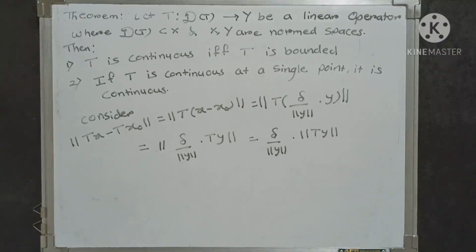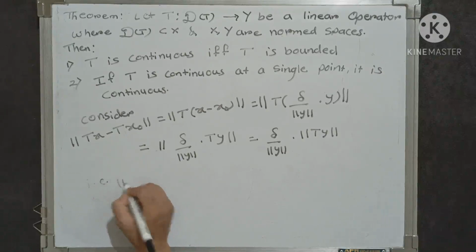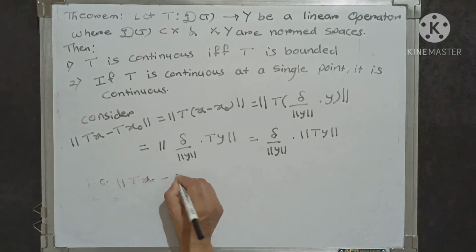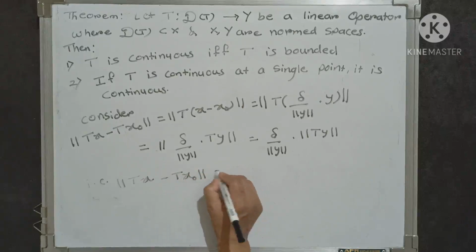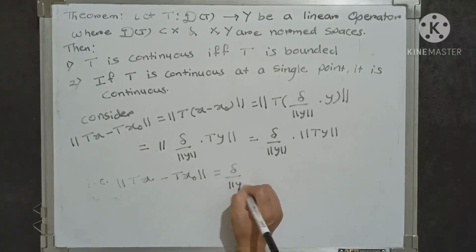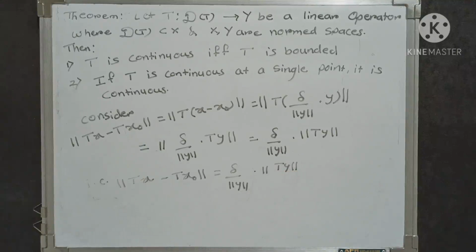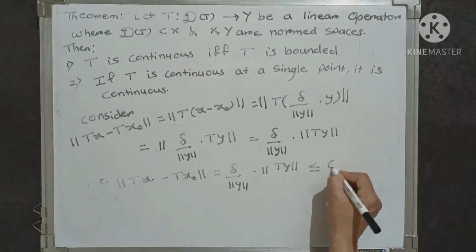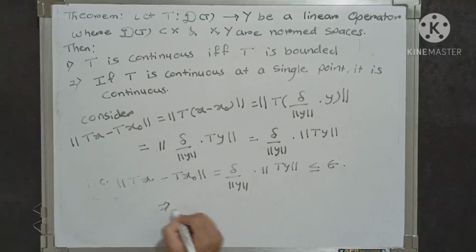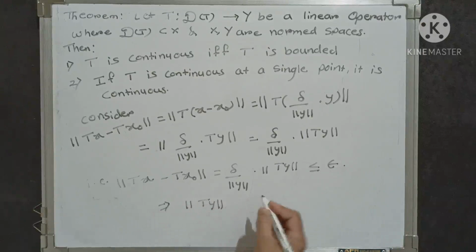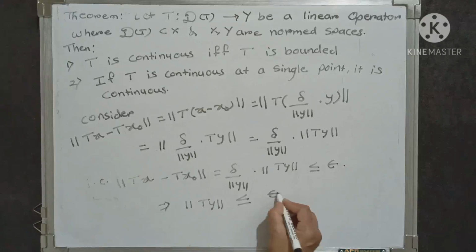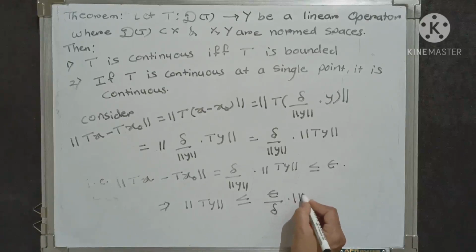So norm of Tx minus Tx naught equals delta divided by norm of y into norm of Ty. But here norm of Tx minus Tx naught is less than or equal to epsilon, and this implies that norm of Ty is less than or equal to epsilon divided by delta into norm of y.